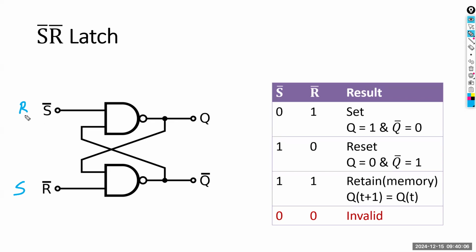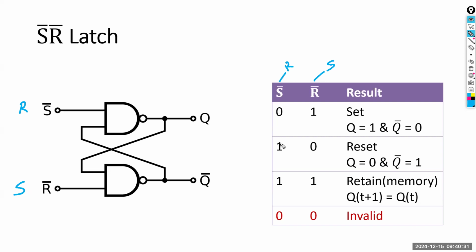Other than that, it behaves pretty much the same as your SR latch. So just think of S bar and R bar as S and R, and then think in terms of the original values. When S is 1, set. When R is 1, reset.